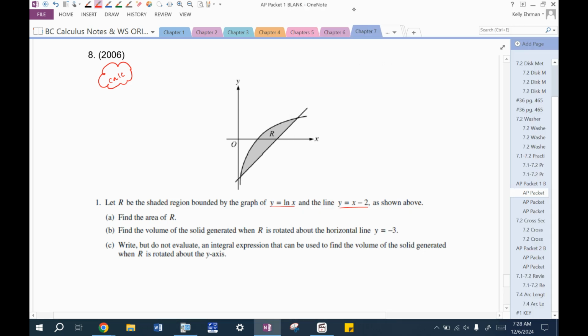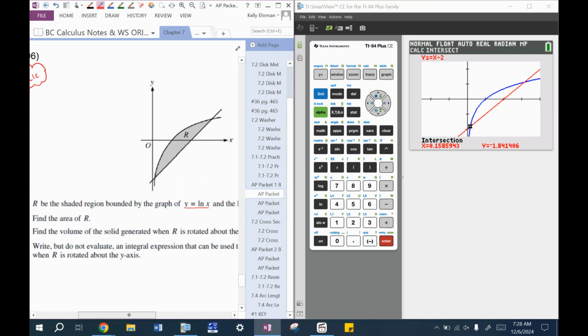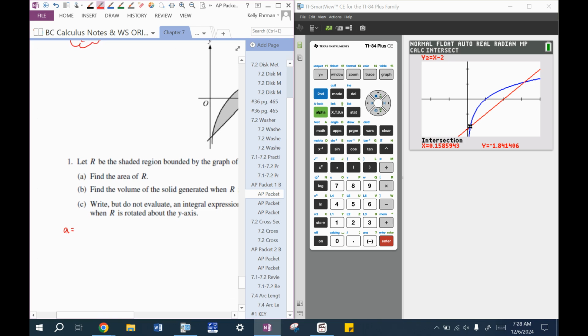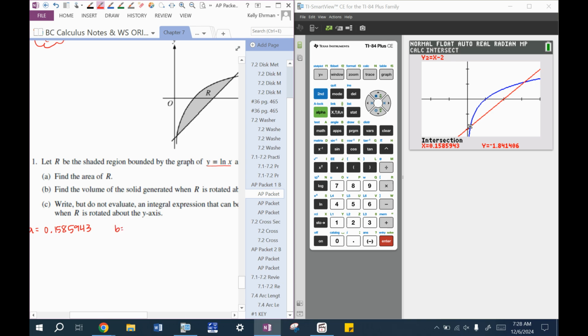And you should define them. I have been kind of sloppy about this on my actual video here. So what I should be doing is saying, if I don't want to keep writing these decimals in my work, I'm going to say, okay, A is 0.1585943. And B is the other intersection point.